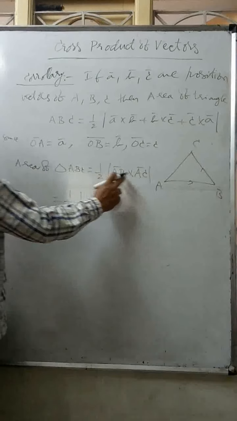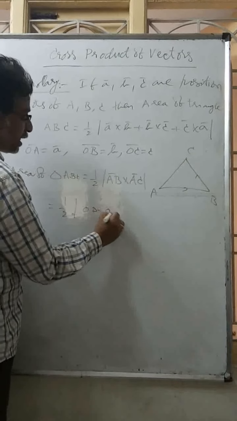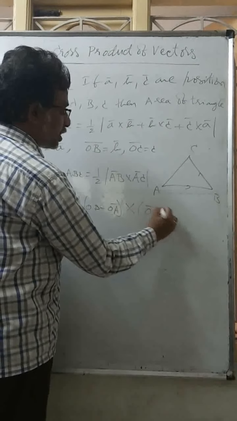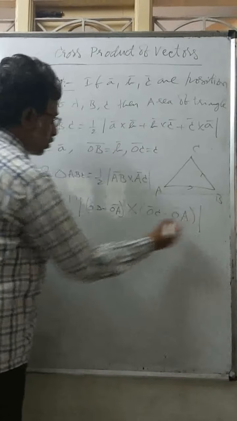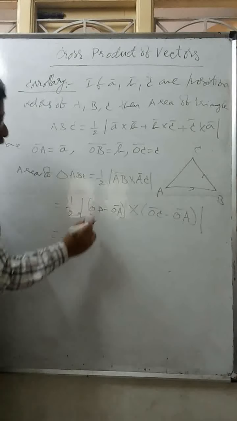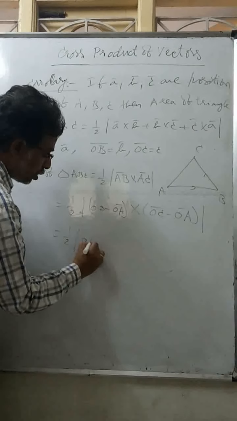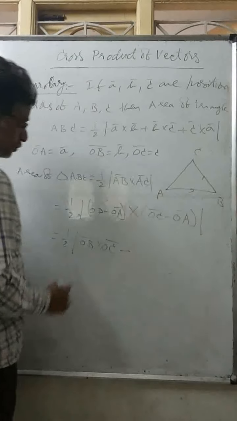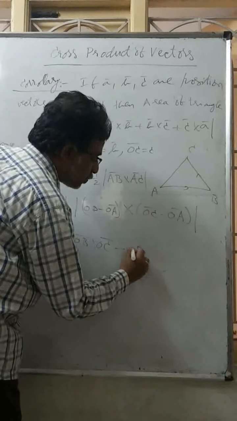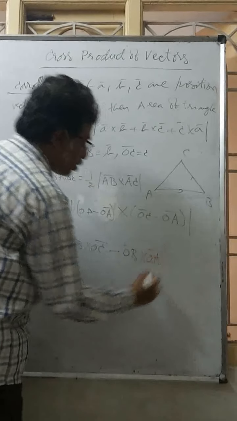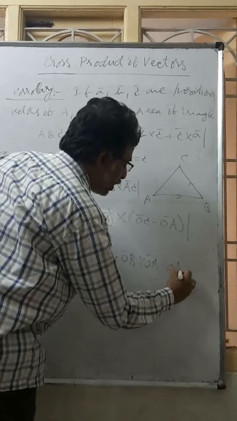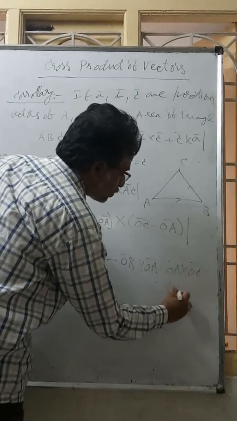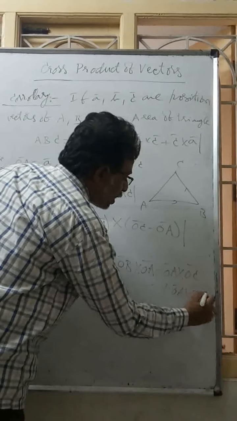This we can write: AB bar as OB bar minus OA bar, cross AC bar, which we can write as OC bar minus OA bar. So we will apply the distributive property. This becomes OB bar cross OC bar, minus OB bar cross OA bar, minus OA bar cross OC bar, minus into minus plus OA bar cross OA bar.